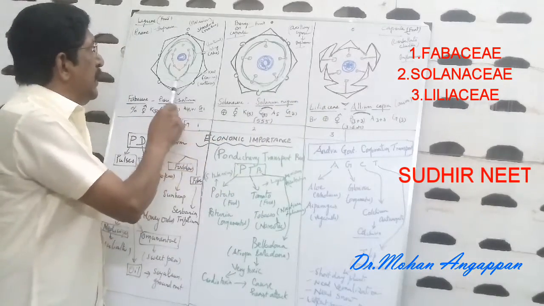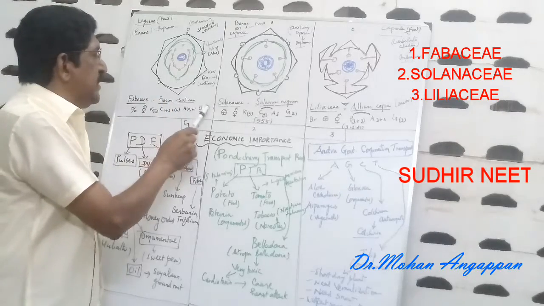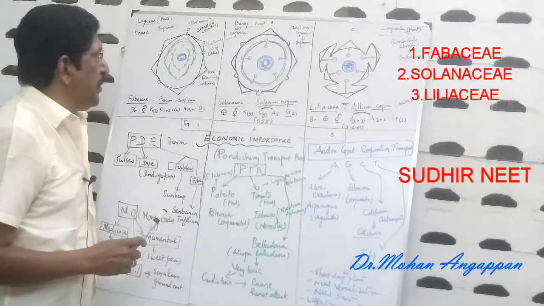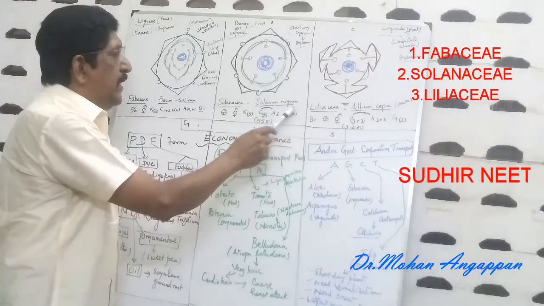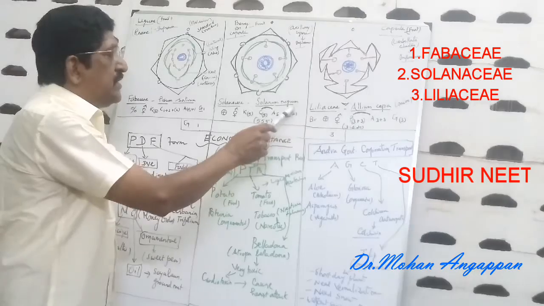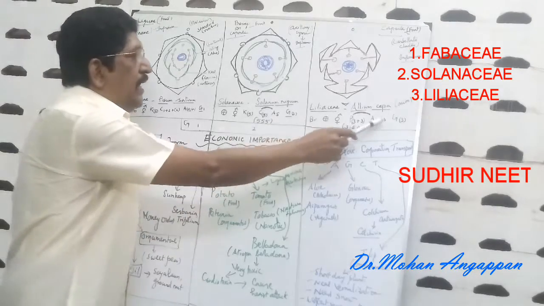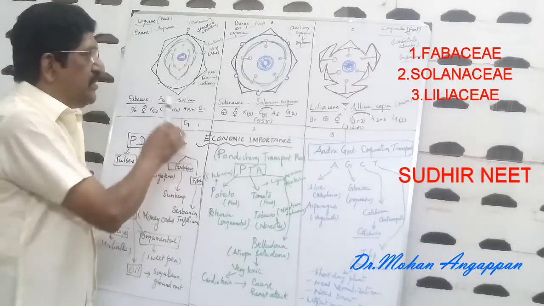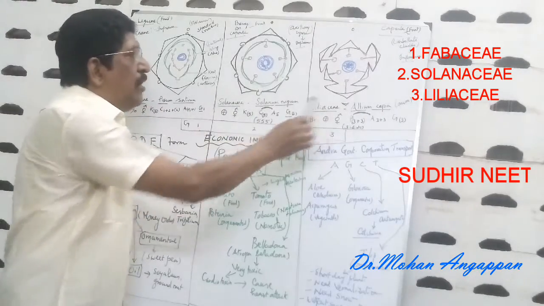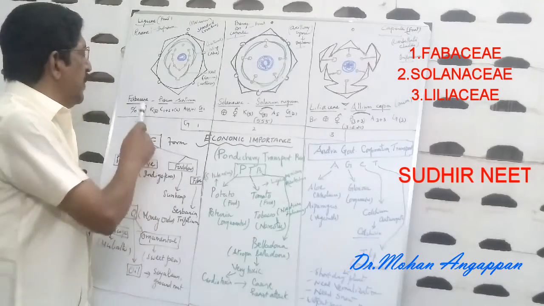So in gynoecium, in Fabaceae it is single locule, it is free, whereas in Solanaceae it is bilocular syncarpous. In Liliaceae trilocular syncarpous. Right? So this is the comparative study of the 3 families.